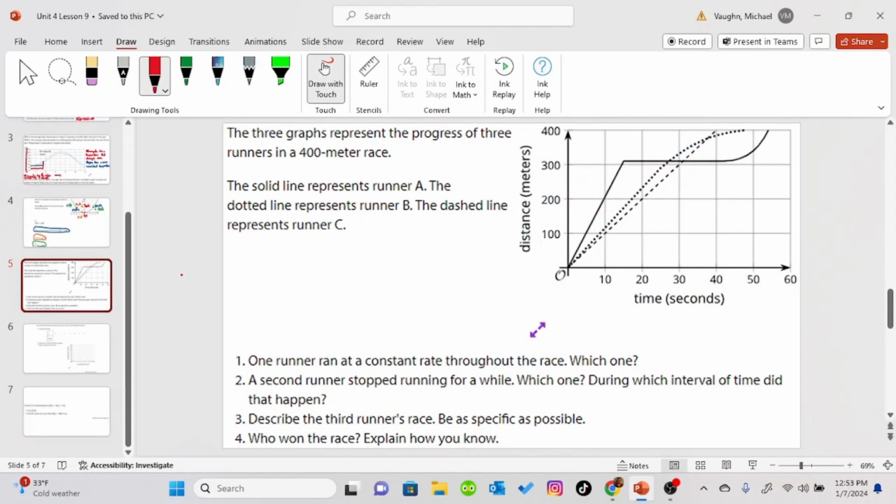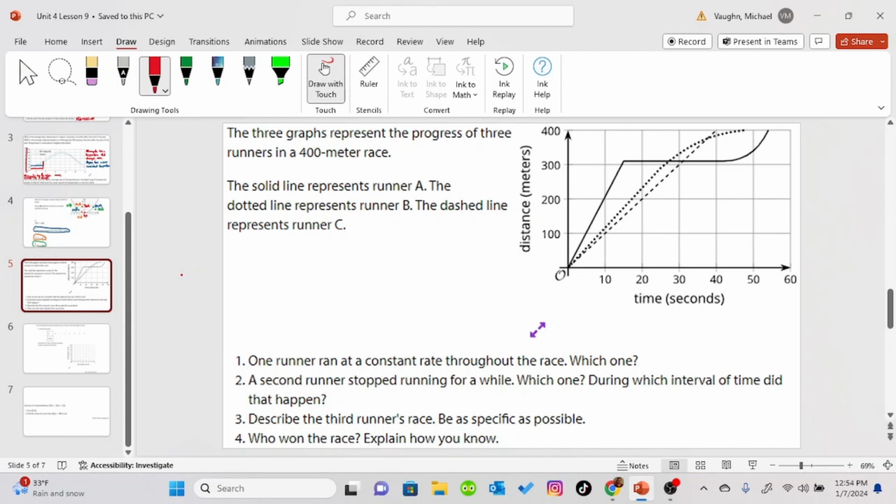The three graphs represent the progress of three runners in a 400-meter race. The solid line represents runner A. The dotted line represents runner B. And the dashed line represents runner C. Number 1. One runner ran at a constant rate throughout the race. Which one?